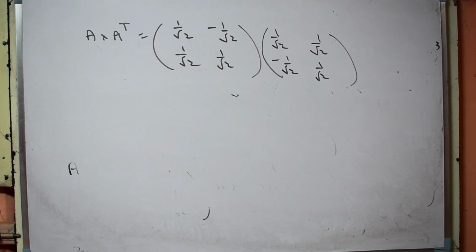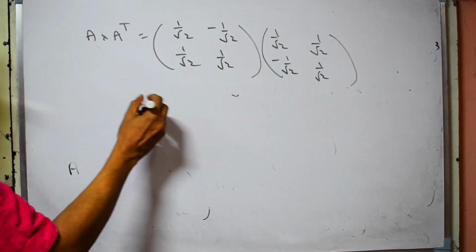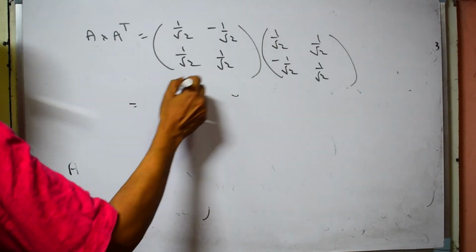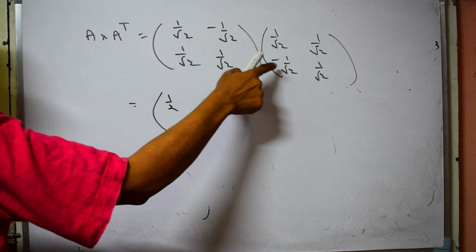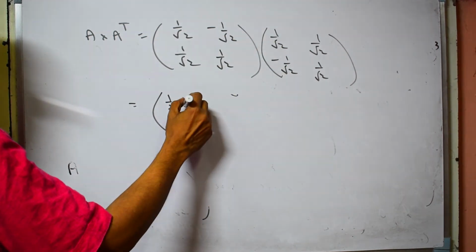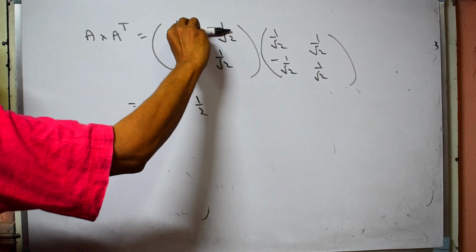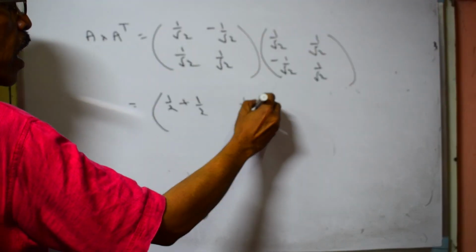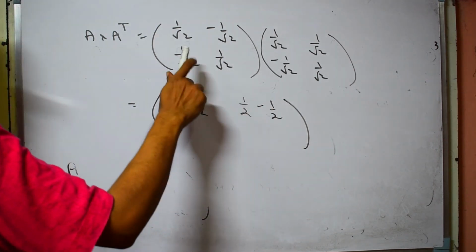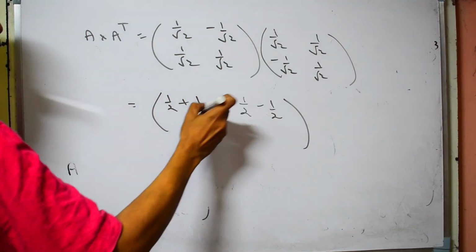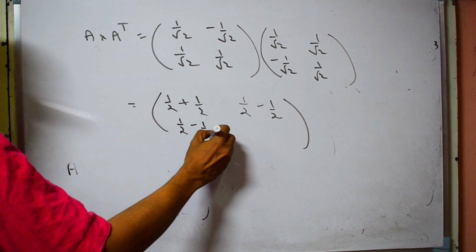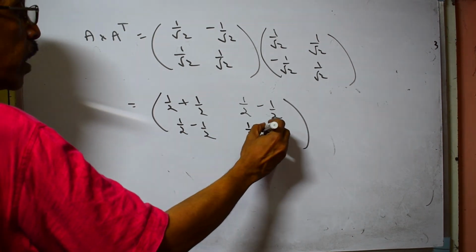So first row, first column: 1 by root 2 times 1 by root 2, that is half, plus half. Then first row, second column: half minus half. Then second row, first column: half minus half, and half plus half.